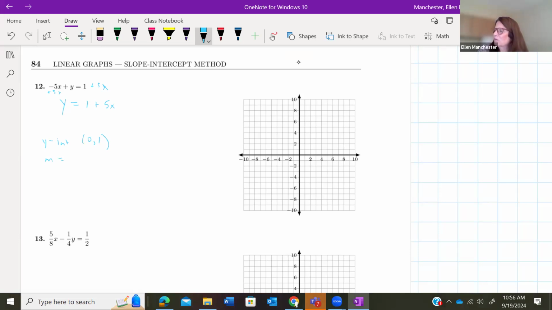So what's your rise? What's your run? 5 over what? Perfect. 5 over 1. Once you identify that, then you're good to go. Here's 0, 1. From there, I'm going to rise 5, 1, 2, 3, 4, 5, and run 1 to the positive side. There it is.